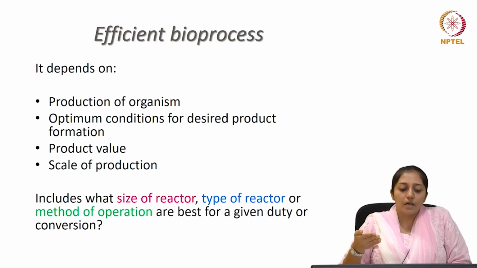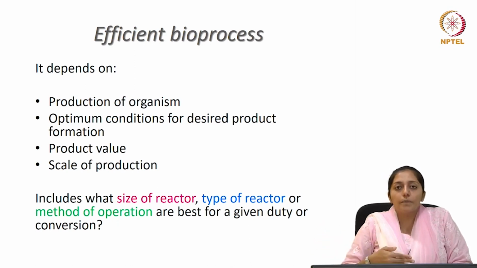What conditions are required to obtain the desired product formation? See, being metabolic reactions, there can be more than one product getting formed simultaneously. So what process conditions should be applied so as to drive the carbon flux desirably towards your desired product?